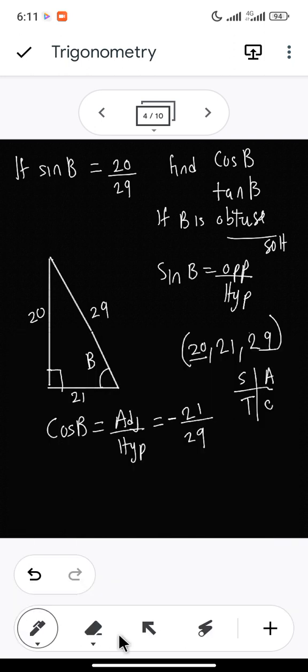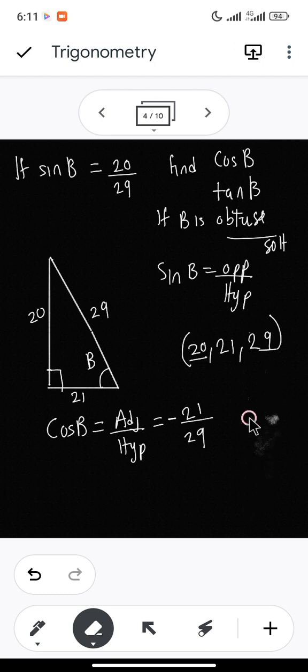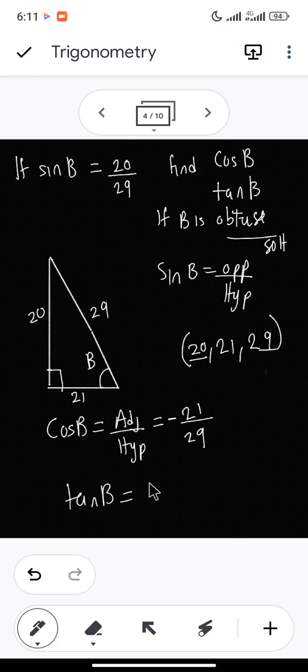Then we go over to tan. So tan B is equal to opposite over adjacent. Opposite is 20, adjacent is 21. So because it's in the second quadrant, the obtuse quadrant is going to carry a negative sign. So these are the solutions to this question.